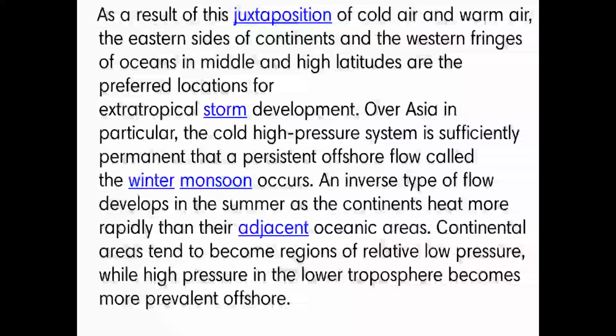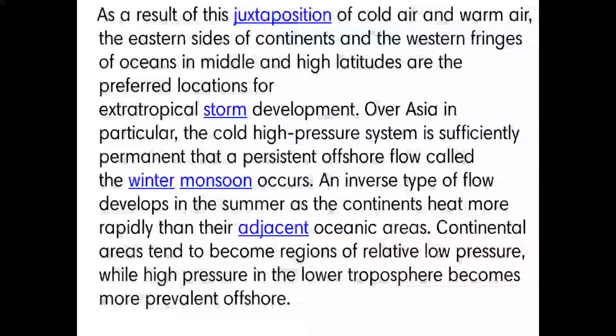Over Asia in particular, the cold high pressure system is sufficiently permanent that a persistent offshore flow called the winter monsoon occurs. An inverse type of flow develops in the summer as the continents heat more rapidly than their adjacent oceanic areas.